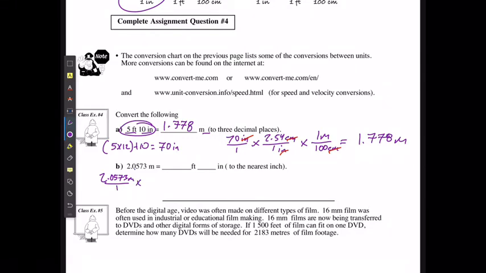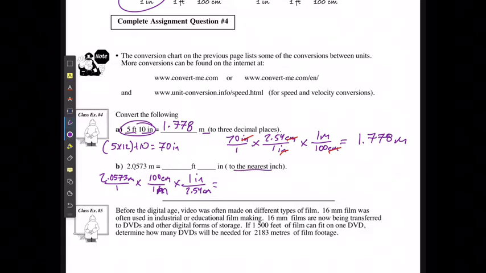So I'm going to multiply this by 100 centimeters over 1 meter, and then multiply that by 1 inch over 2.54 centimeters to get this into full inches.